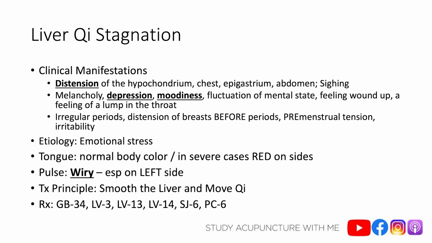But in severe cases of liver qi stagnation, you might see some redness on the sides, and that's the organ indicative area for the liver/gallbladder. And then the pulse is going to be wiry, especially on the left side. That's because the pulses on the left side from front to rear are heart, liver, kidney. So with liver being there, if the pulse is more wiry on the left side, then that's all the more proof of something liver related.